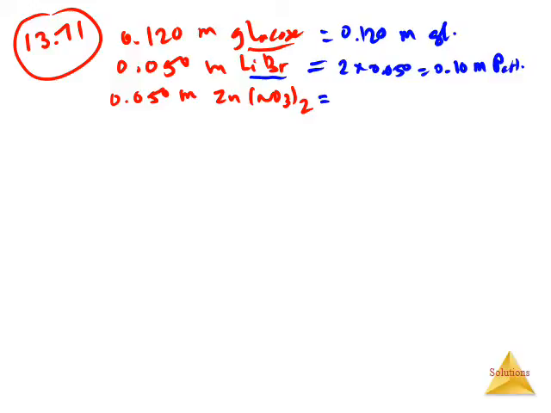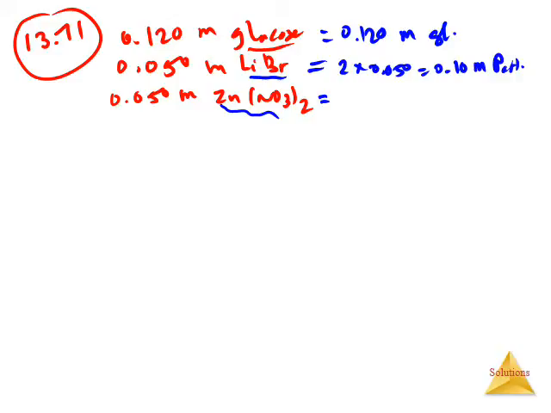In the case of zinc nitrate, it breaks down into 3 particles: Zn2+, NO3-, and NO3-. So keep in mind, when 1 zinc nitrate breaks down, you get 1 zinc and 2 nitrate. So if 0.050 molal zinc nitrate breaks down, you get 0.050 molal zinc and 2 times that of nitrate.